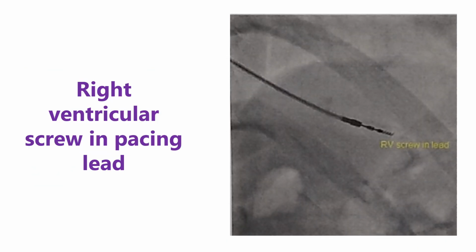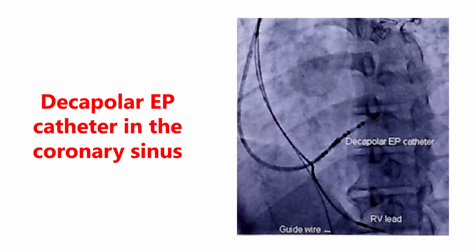Once the subclavian vein has been identified and punctured, we'll put in a right ventricular screw-in lead to get a right ventricular pacing option at the earliest. That is done under fluoroscopic guidance. This is a fluoroscopy image capture. A decapolar electrophysiology catheter is introduced into the coronary sinus.